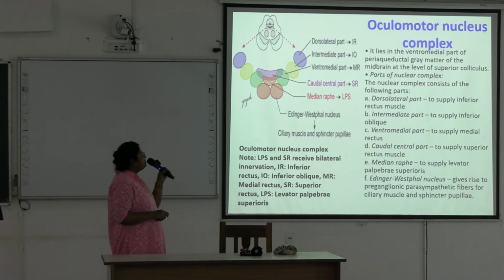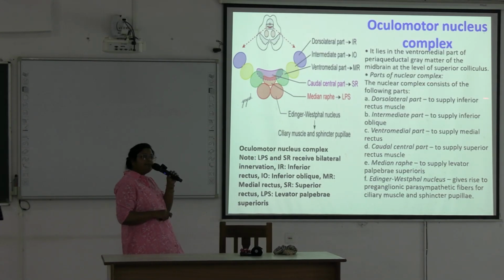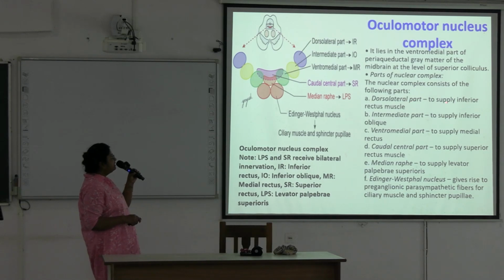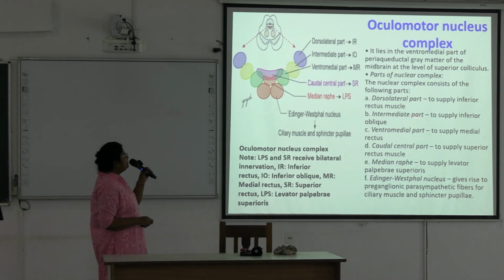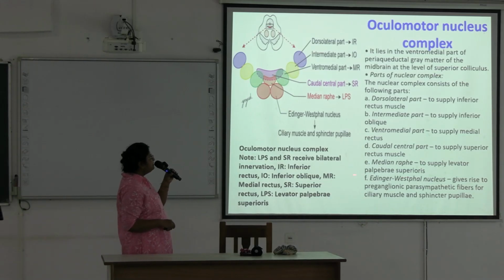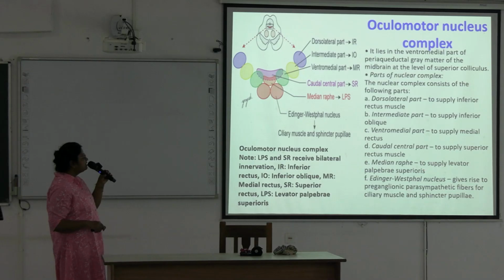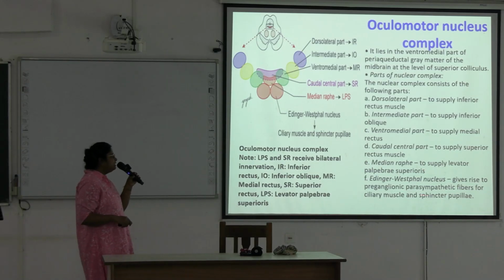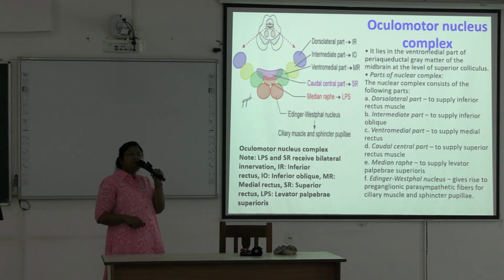The nuclear complex consists of the dorsolateral part to supply the inferior rectus, the intermediate part to supply the inferior oblique, the ventromedial part to supply the medial rectus, the caudal central part to supply the superior rectus, the median raphe to supply the levator palpebrae superioris, and the Edinger-Westphal nucleus, which gives rise to preganglionic parasympathetic fibers for the ciliary muscle and sphincter pupillae.